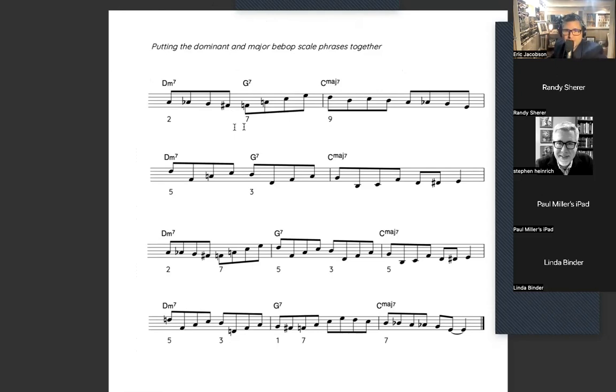I want to connect it to my major. Well, here's my major starting on the 9. That's my major segment, which is written out on that one scale sheet that I have. So now listen to how that works together over a 2, 5, 1.